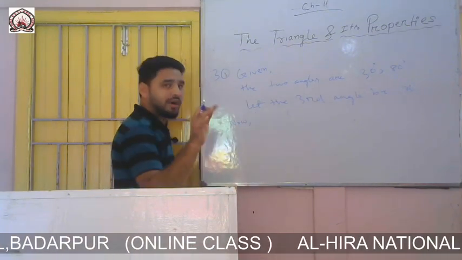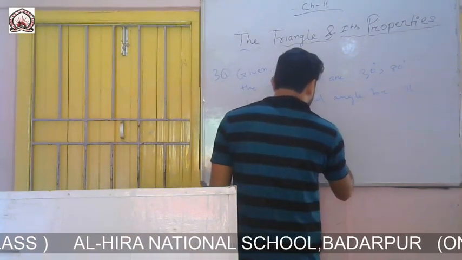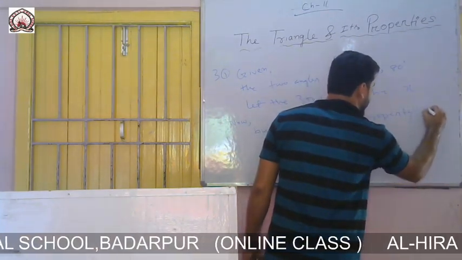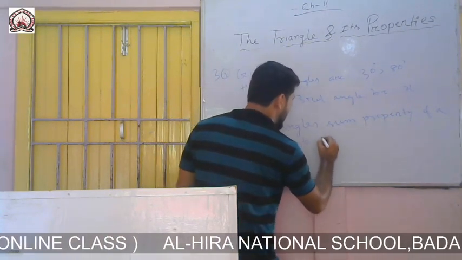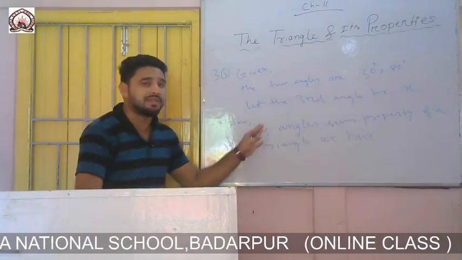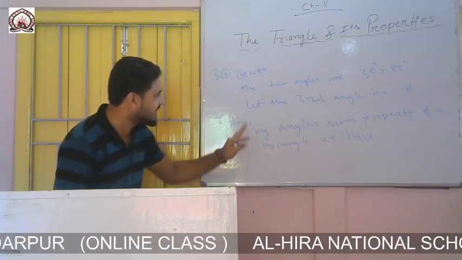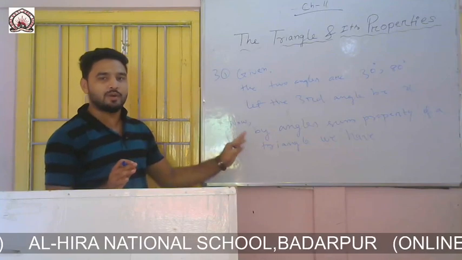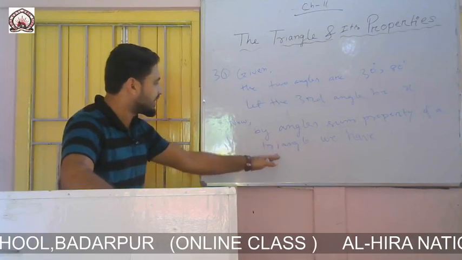So just for short I have written, now by angle sum property of a triangle we have, you can write here also, we know that the sum of the three angles of a triangle is 180 degree. This line and this line have the same meaning, and you can use the earlier one also, whatever I wrote in question number 2. You can use any one. Just for short I have written this one.